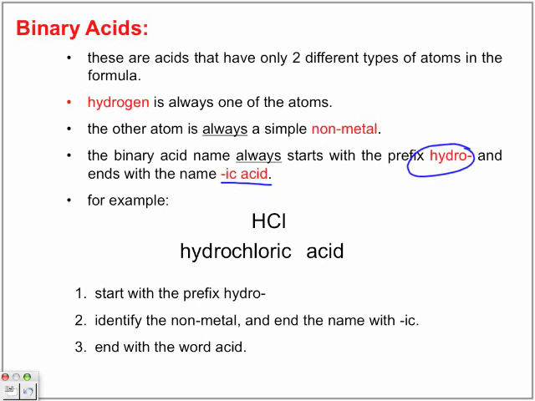Notice that hydro, as we said, represents the hydrogen. We're looking at chlorine or chloride, but we're adding an IC ending because this is an acid, and we're adding the word acid to the name of the compound. And this is how you name all binary acids.